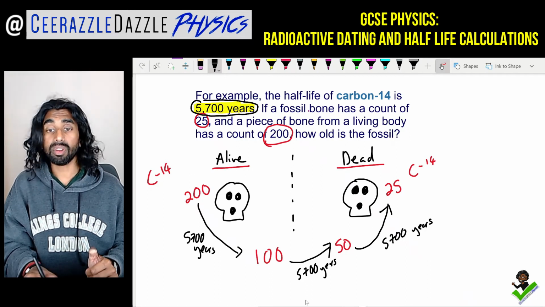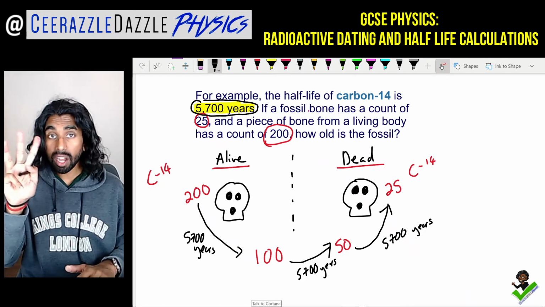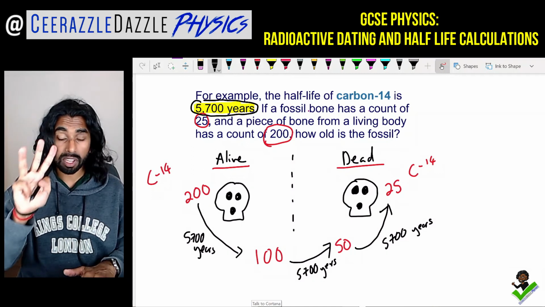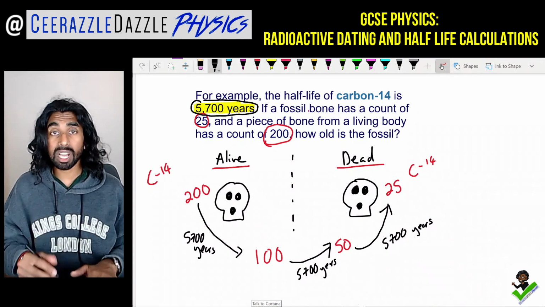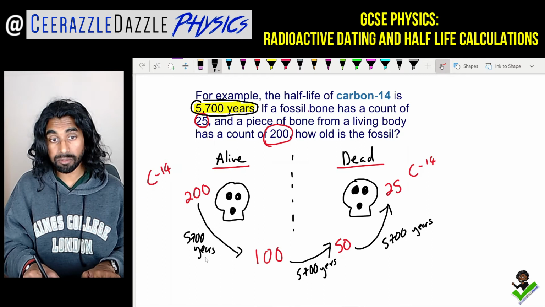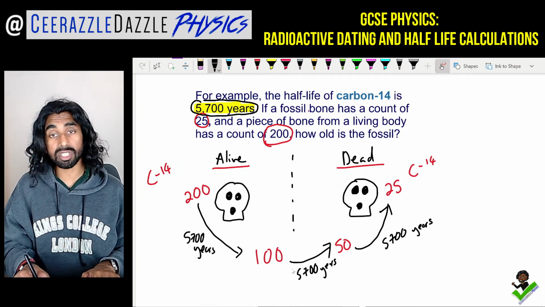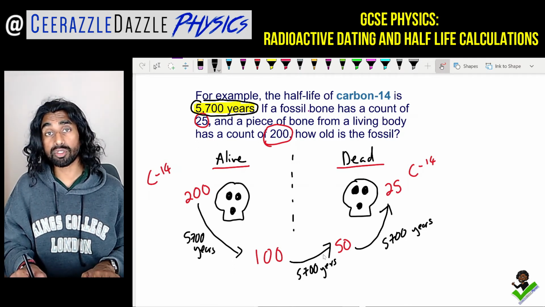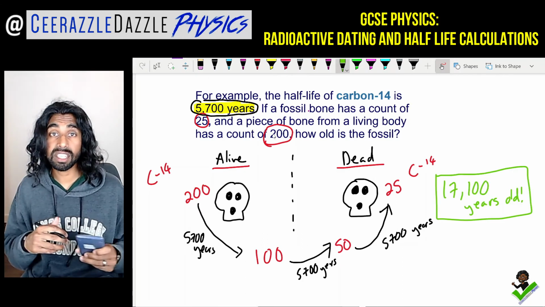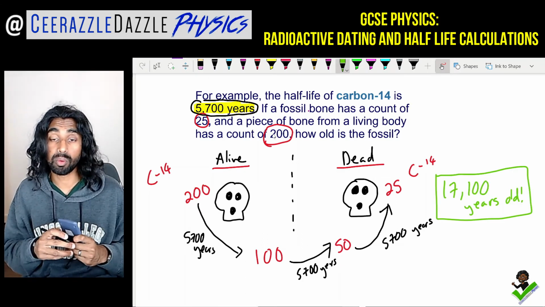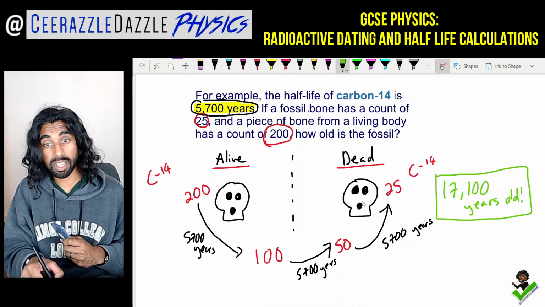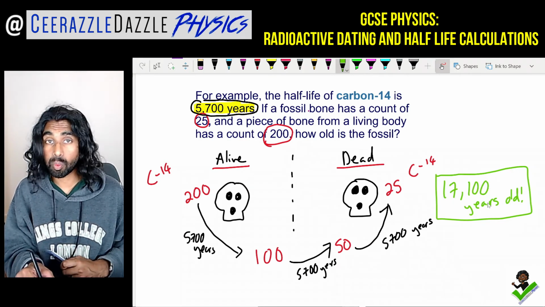So we can see that 3 half-lives have passed. What is the total time that must have passed? Well, it's going to be 5,700 plus 5,700 plus 5,700, which will be 17,100 years old. So that dead fossil is 17,100 years old.